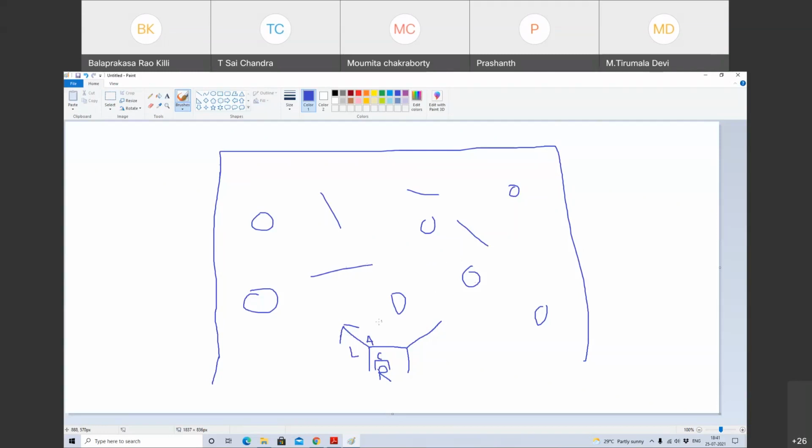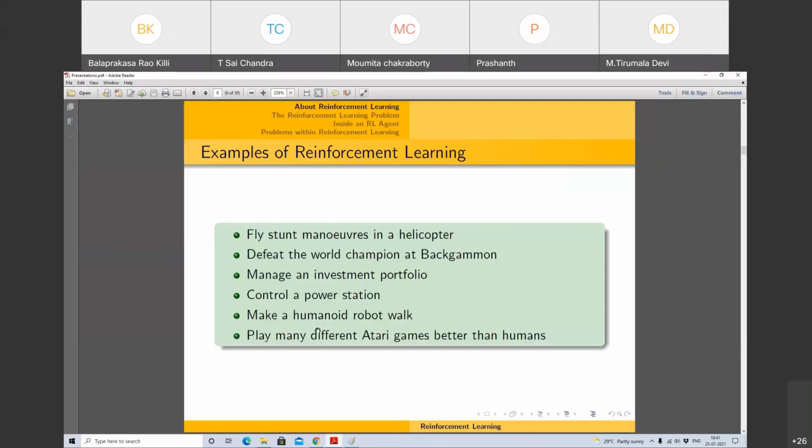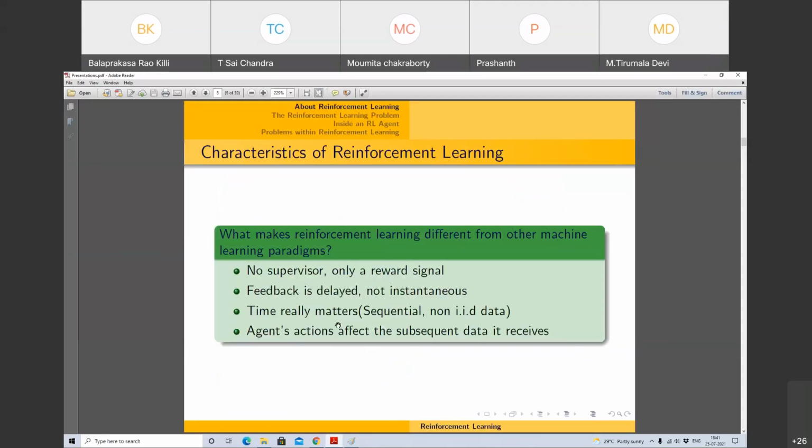Suppose here it can see some data. Now when it moves left, that means the data it sees at time instance t+1 depends on the action. When it moves left, it will see different data. When it moves right, it sees different data. So the data is actually correlated. So that is a fourth important difference between reinforcement learning and supervised and unsupervised learning.